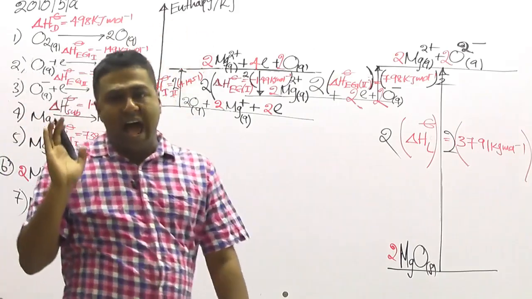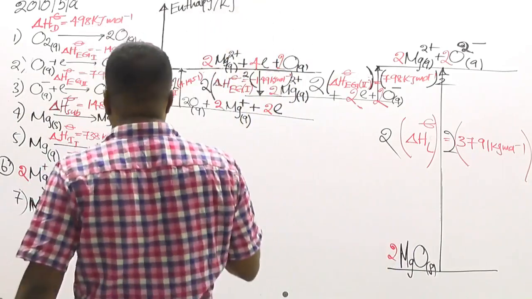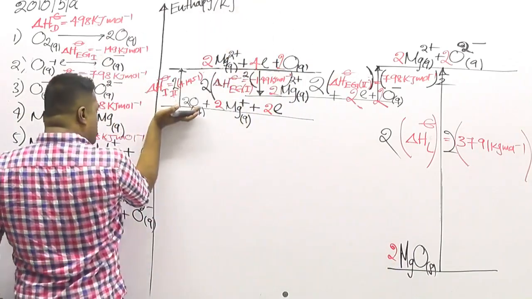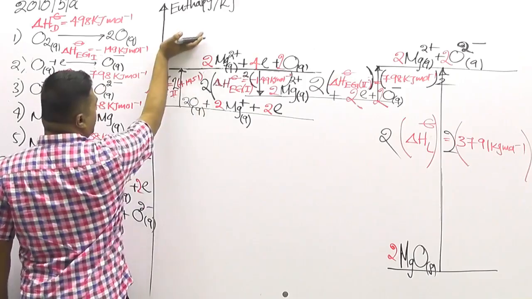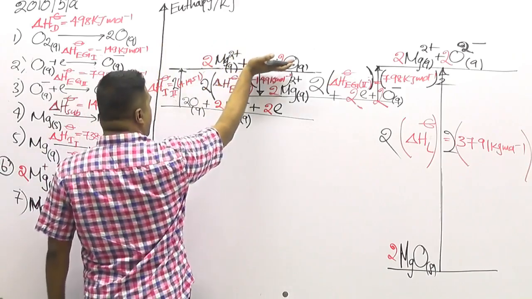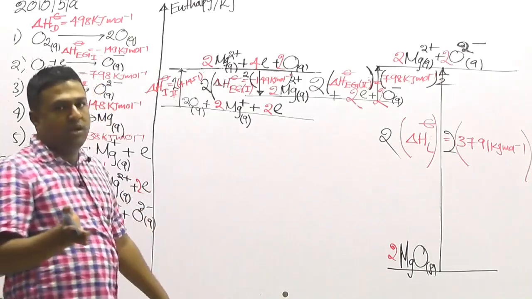If it is exothermic, the arrow should show a decrease in energy, okay?